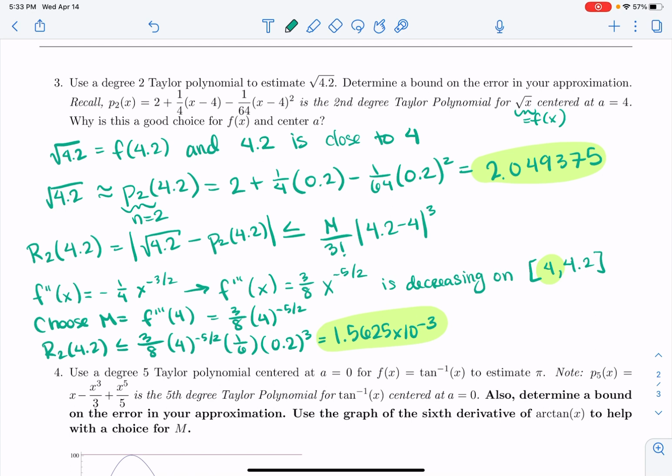Okay. So what is the actual error, right? What is the square root of 4.2? Square root of 4.2, let's see, the square root of 4.2 minus our guess here, or our approximation, 2.049375. I'm going to plug that in.